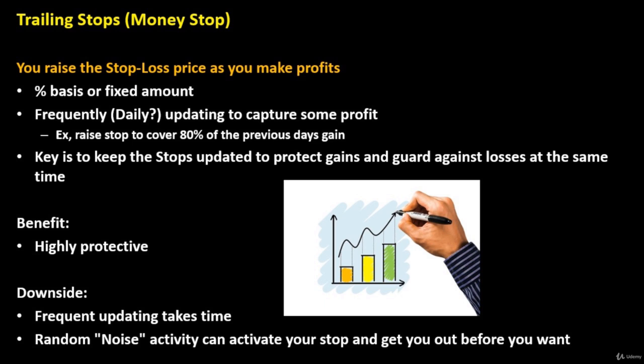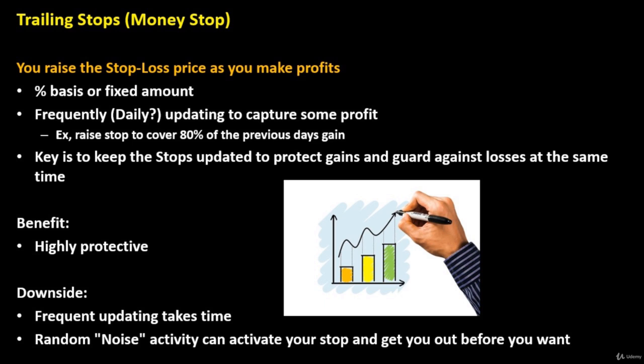So if you're capturing, let's say, 80% of the previous day's gain, that's pretty good because that would be a 20% downward move. You've already locked in a lot of gain, but maybe you want to make that a little bit less. But let's say I'm setting my stop limits at a 2% drop, or 98% of the gain.